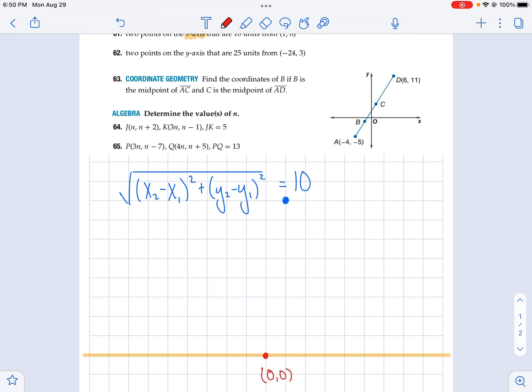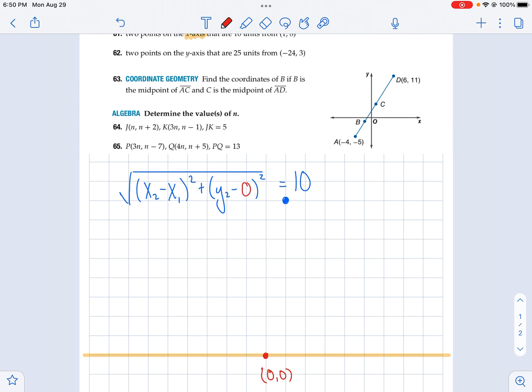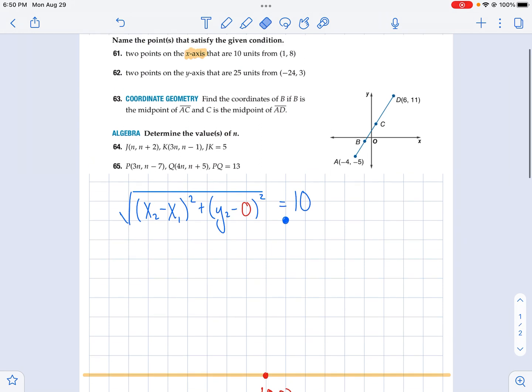Well, no matter where I go, my y value is going to stay 0. So I don't know what the x value will be, but I know that this is going to be 0. And I want that to be 10 units away from (1, 8).